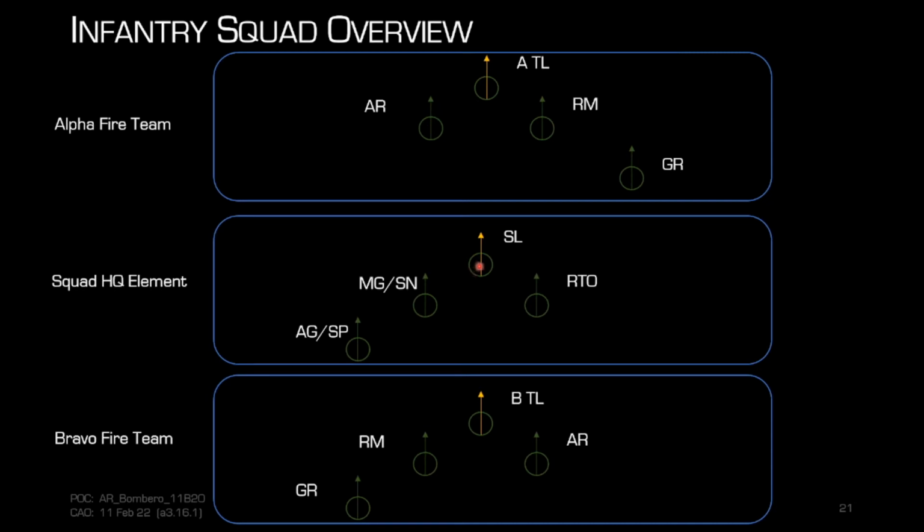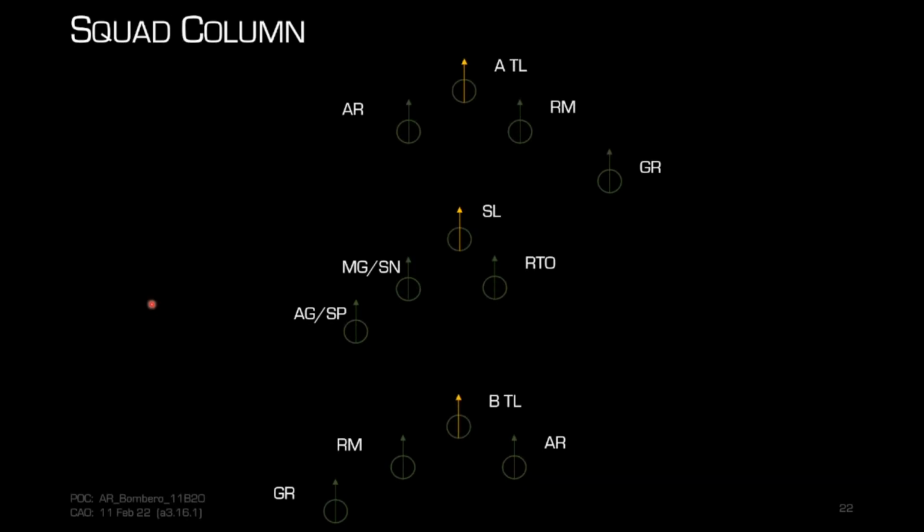And then you've got the headquarters element: squad leader, machine gunner or sniper team, RTO, and then your Bravo team. So you guys have actually seen this before. What you are actually looking at is called a squad column. Again, it's multiple units wide and multiple units deep, generally longer than it is wide. That's kind of the definition of a column.